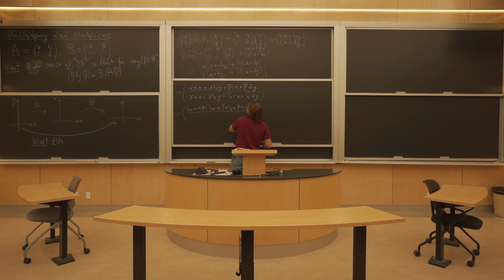And then the second row is gamma a plus delta c times x plus gamma b plus delta d times y. That is to say, this is equal to this.